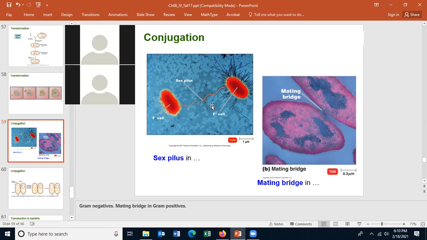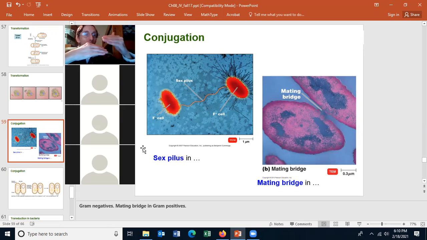Conjugation can happen in gram-positives. We're not going to talk about it very much, but what happens is the two gram-positives actually touch, and when they're touching, the cell membranes between this cell and that cell touch and then fuse so that there's no cell membrane there.